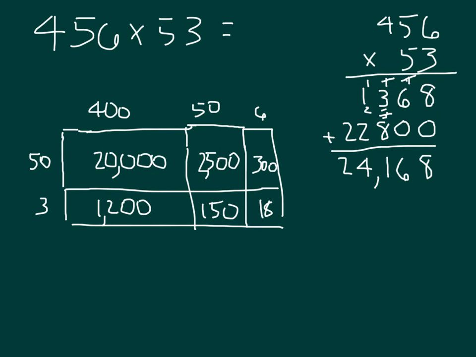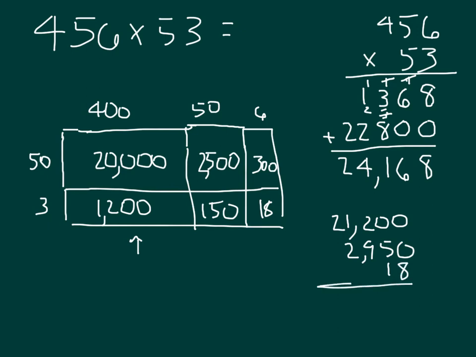Carefully adding these together, I have 20,000 and 1,200, which is 21,200. 300 plus 150 is 450, plus 2,500 is 2,950. And lastly, I have 18.